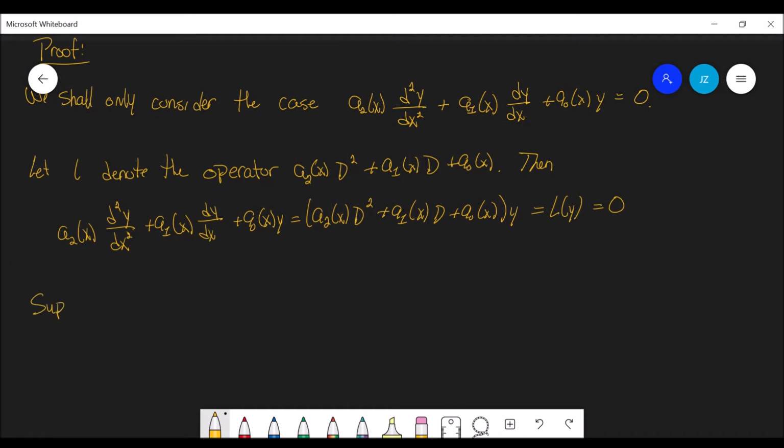Now we suppose we have two solutions, y1 and y2. So they're solutions to L of y is equal to 0. Now let's look at L of c1y1 plus c2y2.